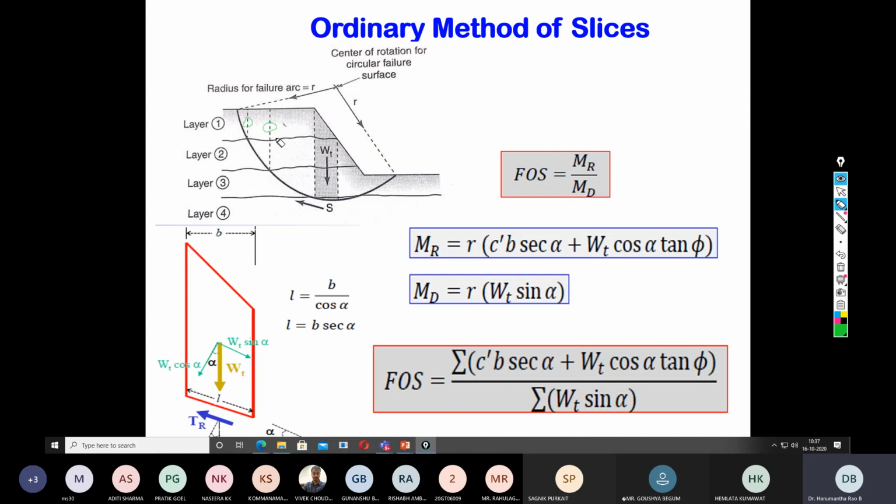It does not remain the same from top to bottom of the slices. It always depends upon how much force is getting nullified and how much force is getting transmitted from the upper slice to the lower slice or the lower slice to the upper slice. Since the ordinary method of slices doesn't consider any of these things, it is called the ordinary method.